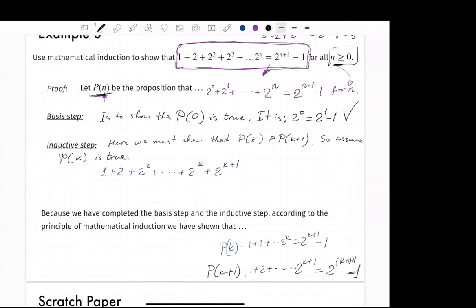So how do we prove this? By the inductive hypothesis, what can I claim? The blue piece is certainly 2 to the k plus 1 minus 1, right? The blue piece.